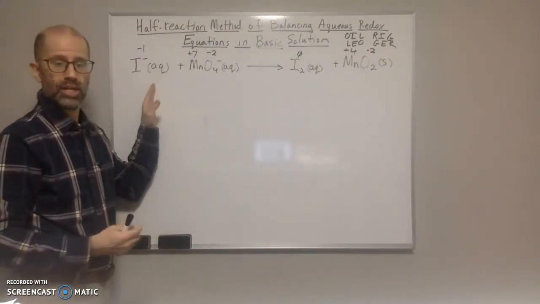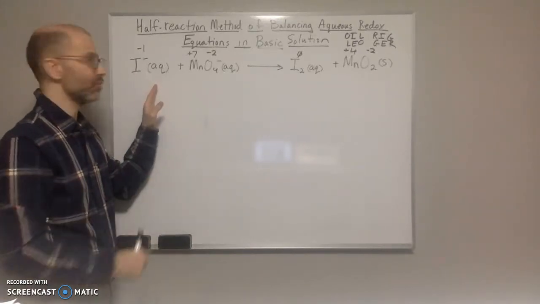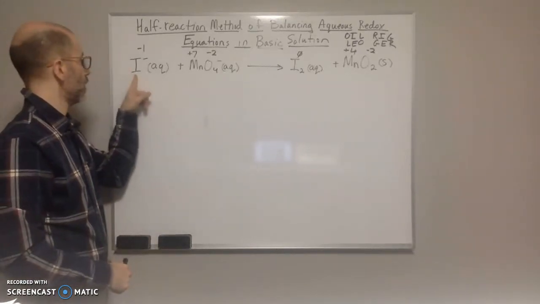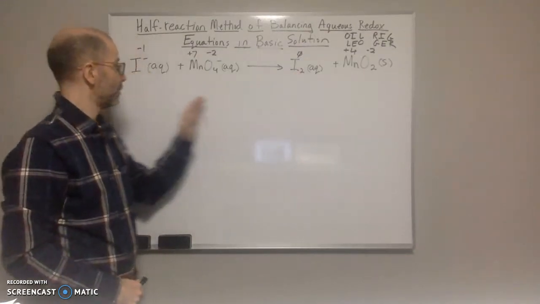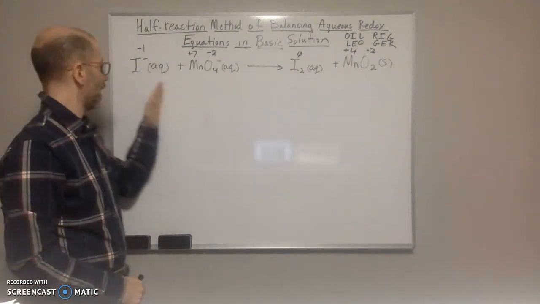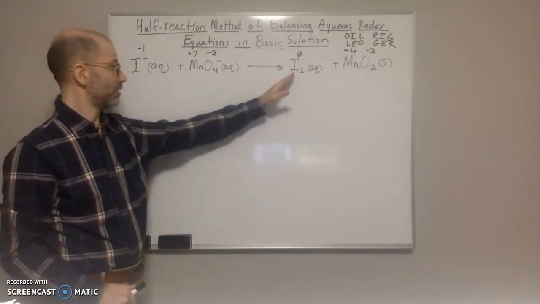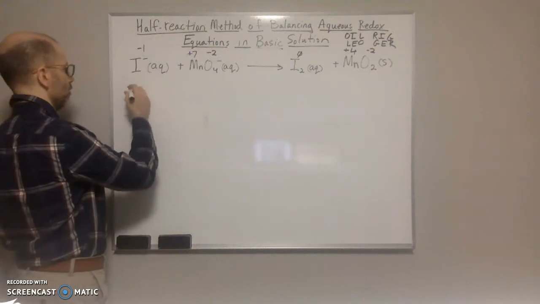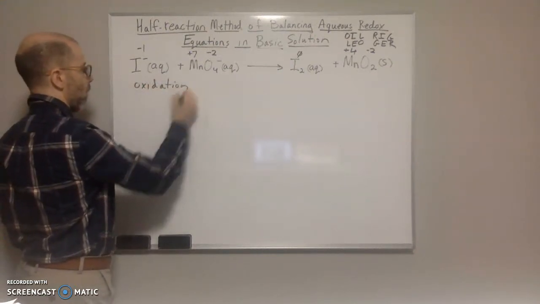Losing electrons means you become more positive, less negative. So what became more positive? We have a negative going to 0. That becomes more positive, less negative. So iodine here got oxidized.